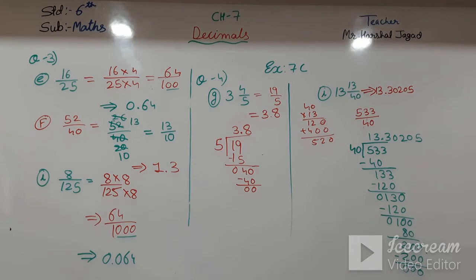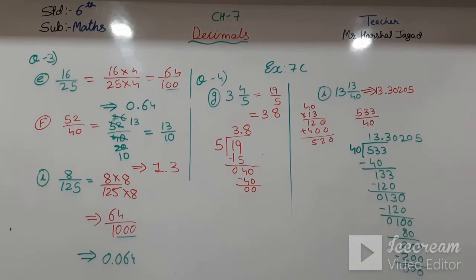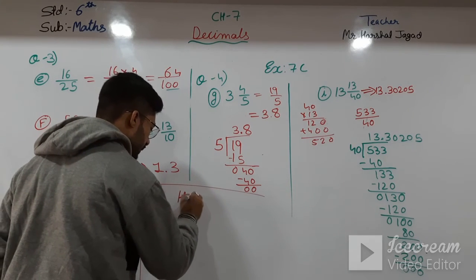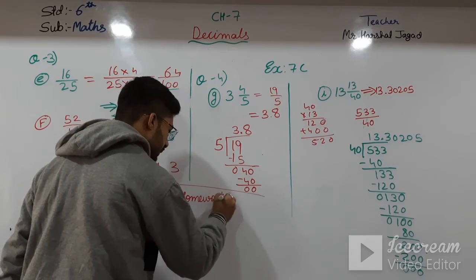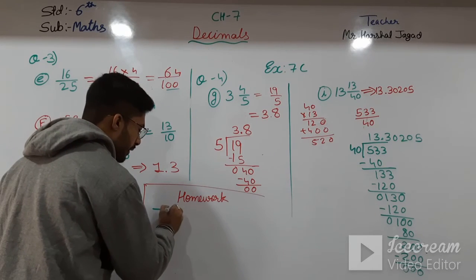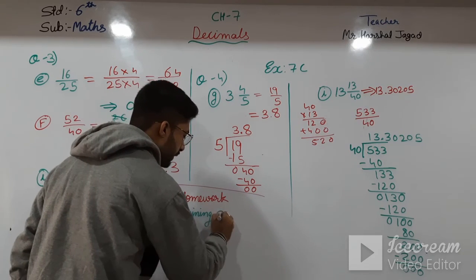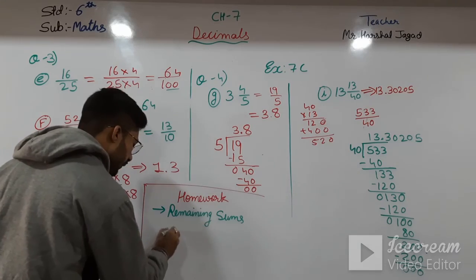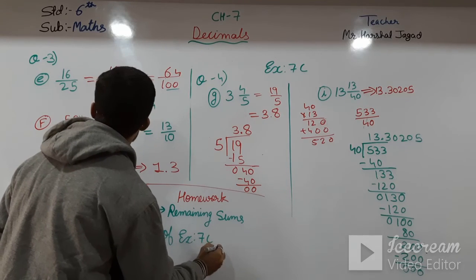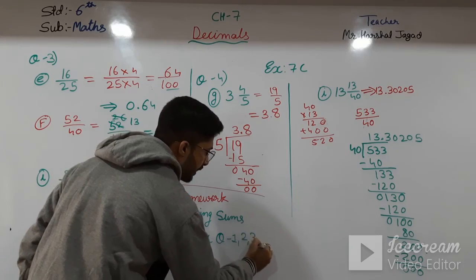And your today's homework is, students, the remaining sums of exercise 7C, question number 1, 2, 3, 4.